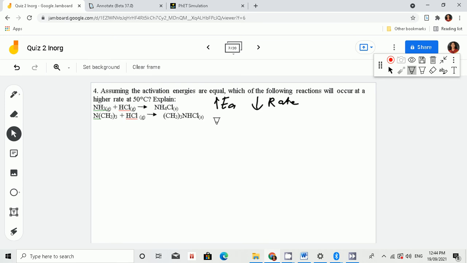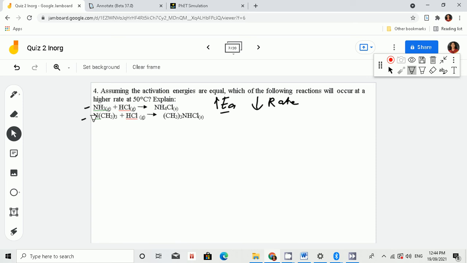But in this problem it says that it has the same energy of activation. Given that these molecules have the same energy of activation, we cannot identify anymore who has a higher rate and who has a lower rate, because they have the same.